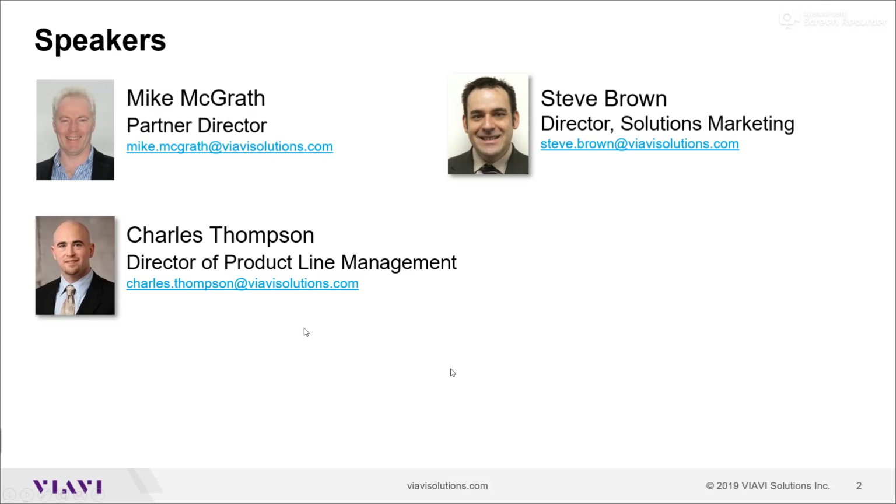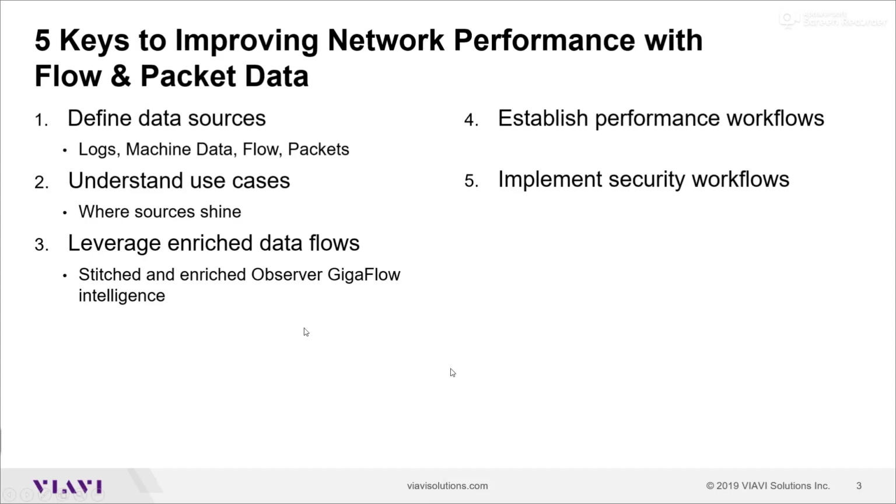Together, what we're going to be doing is looking at, and we've organized this into, 5 keys. First, defining the different data sources from logs through packets, understanding the use cases. In almost a SWOT analysis, looking at the strengths and the limitations, understanding where these sources shine in management and troubleshooting and all the way down to resolution.